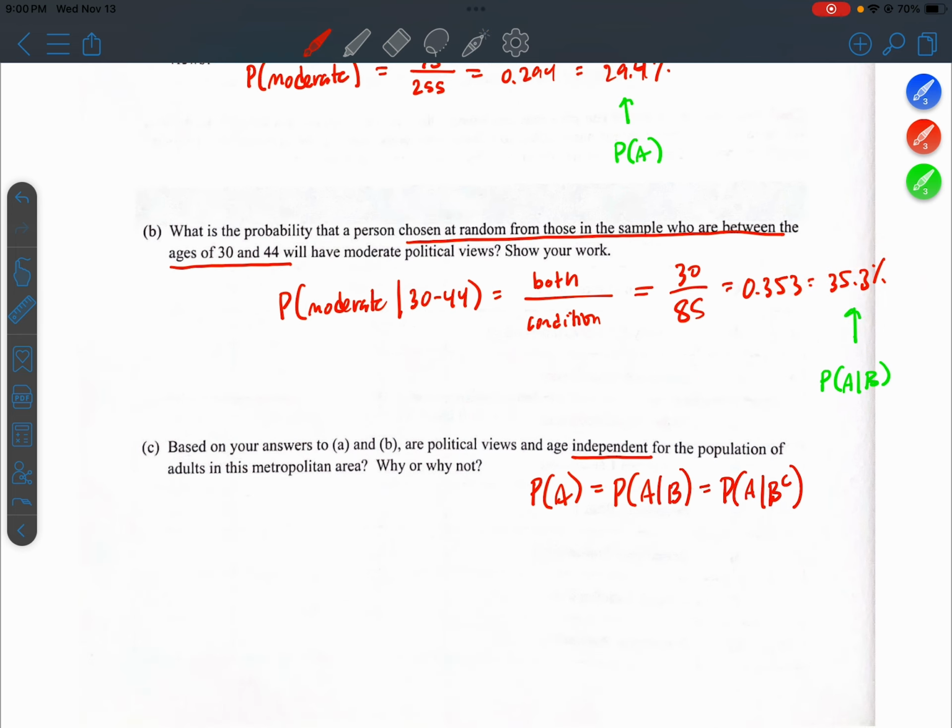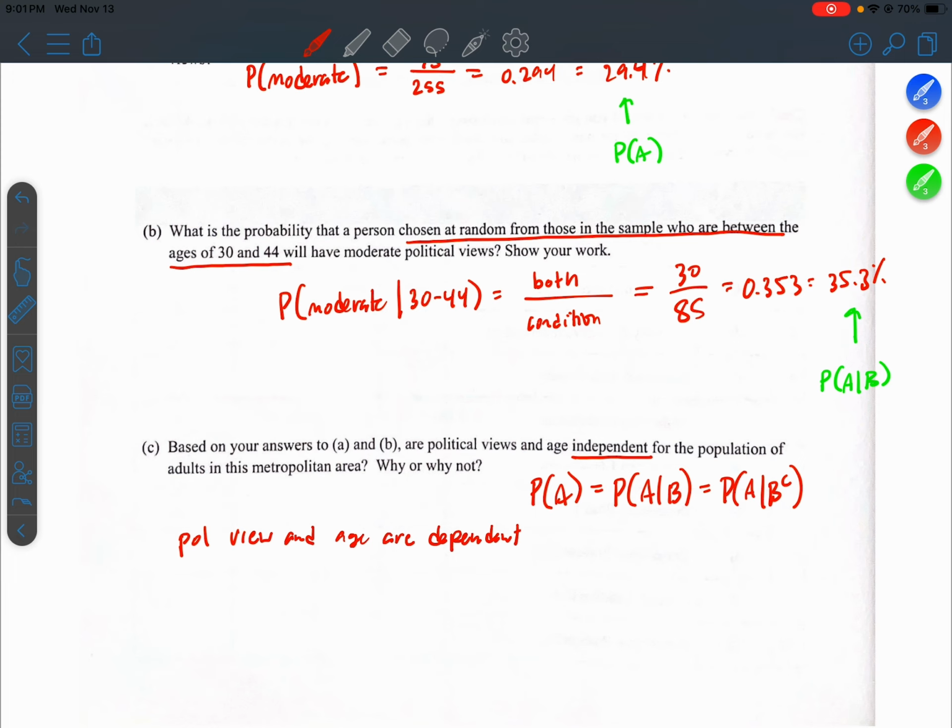So we are going to say political view and age are dependent. You could also say not independent, but that sounds like a double negative to me.